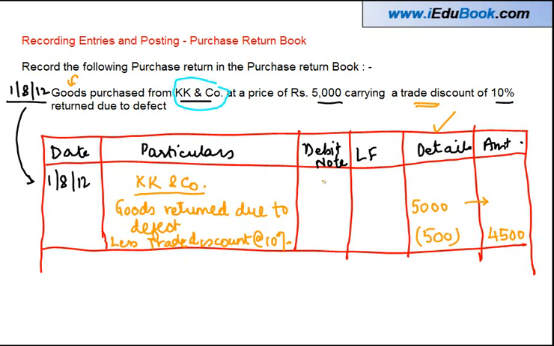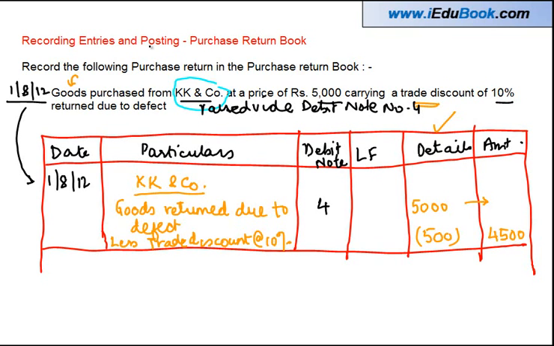Now debit note number we don't have. Okay, let's say for example if this would have said raised debit note number 4, so we'll just write 4 over here. The ledger folio, okay, that I will see.